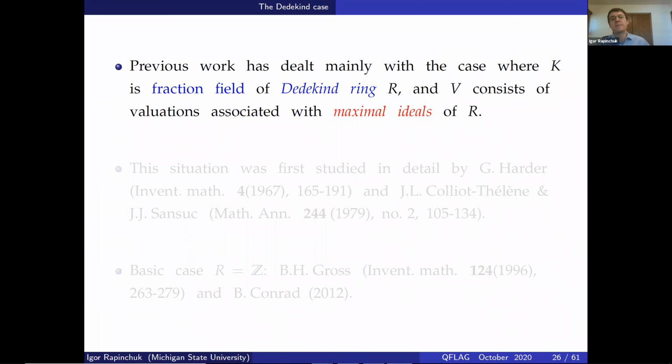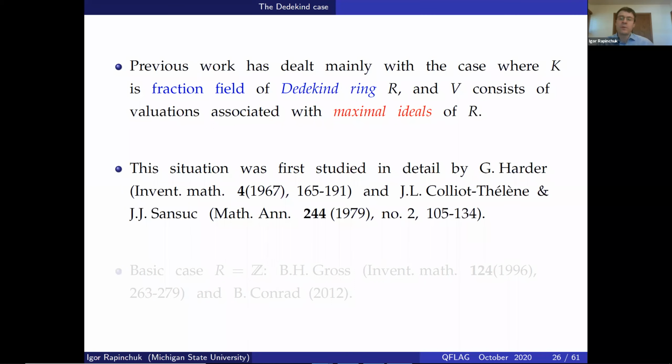Here our field K is the fraction field of a Dedekind ring R, and the set V consists of the discrete valuations of K associated with the maximal ideals of R. This situation was studied systematically, first by Harder in the 1960s, and then later by Kneser, Platonov and Tits-type work in the 1970s, and since then it has received more attention.